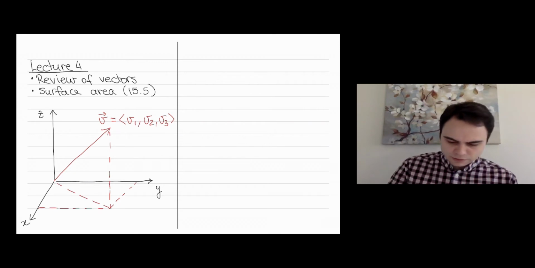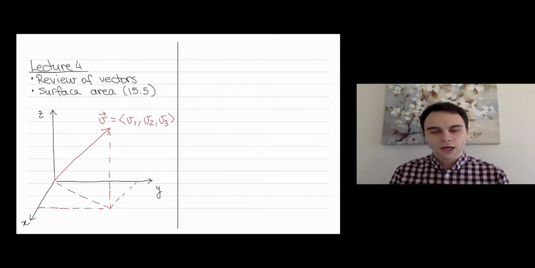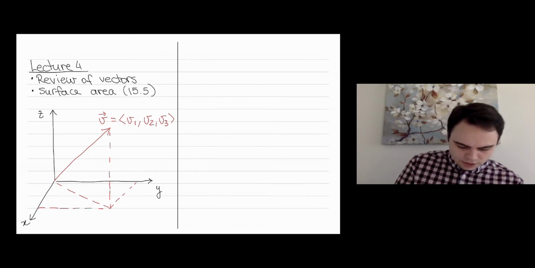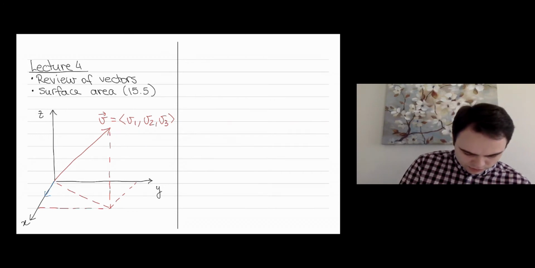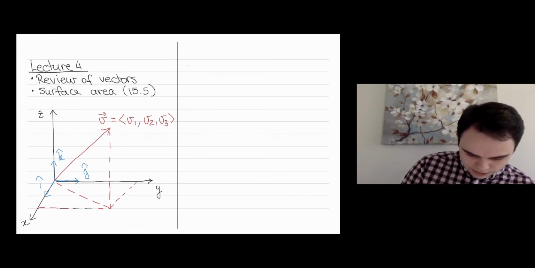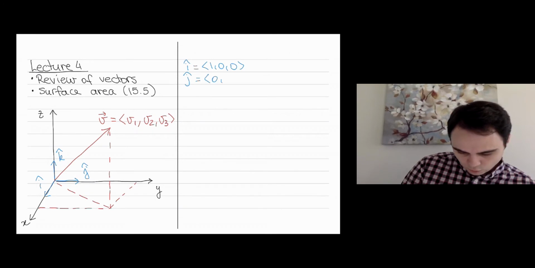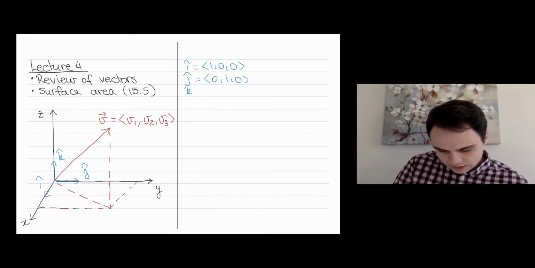There's another perspective that we have to denote for these coordinates, namely that you can write any vector in terms of 3 standard vectors. So here are the 3 standard vectors in R3, i, j, and k. i is the vector 1, 0, 0, j is the vector 0, 1, 0, and k is the vector 0, 0, 1.